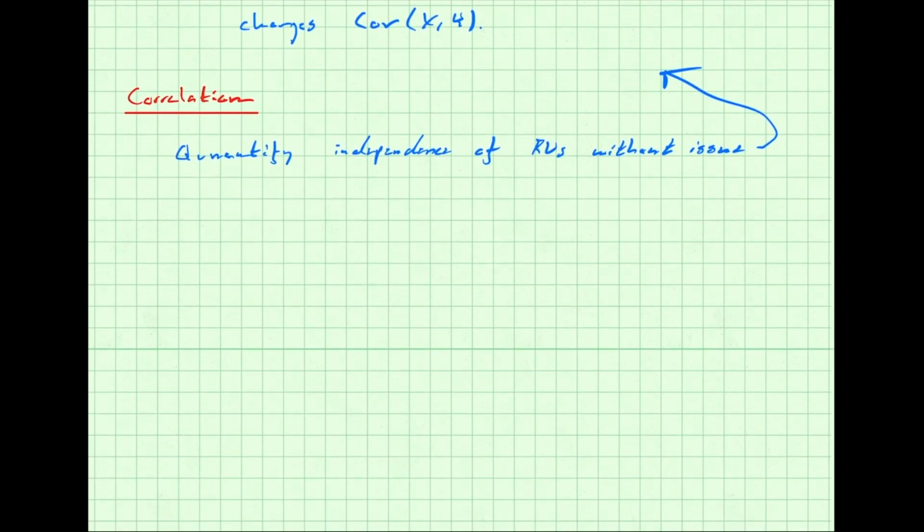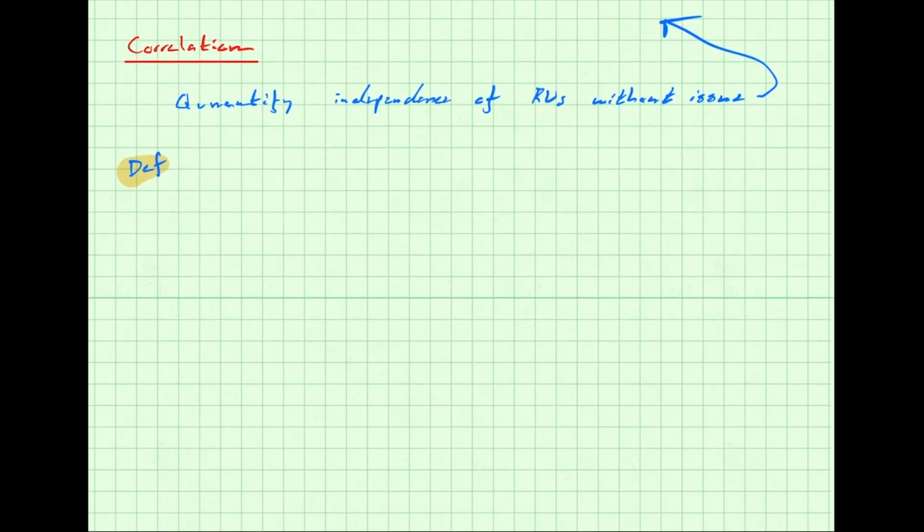And so here's how you fix it. So here's the definition of correlation. And I should point out there are other definitions that you might run into with correlation, so you should be a little cautious with that. But here's the definition we're going to use.